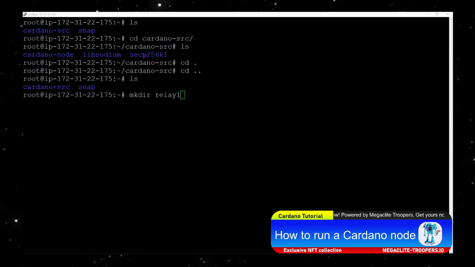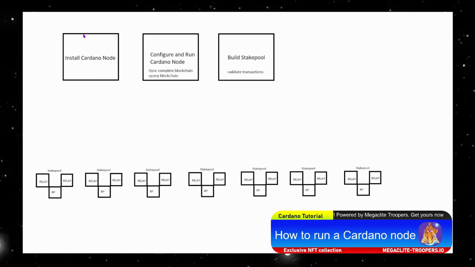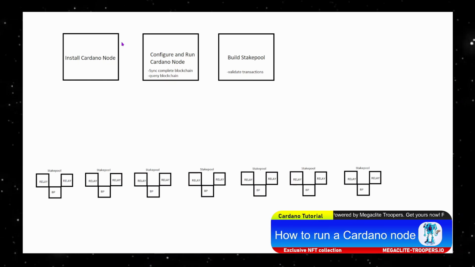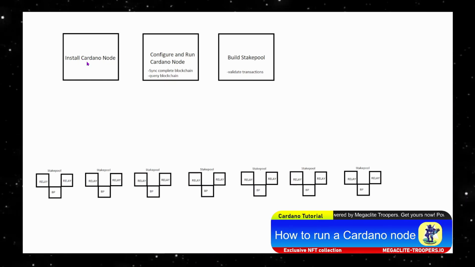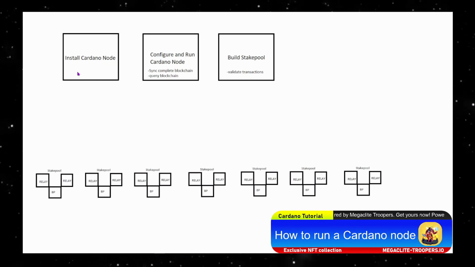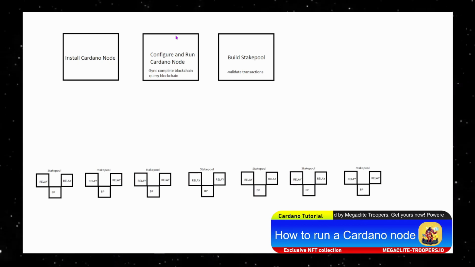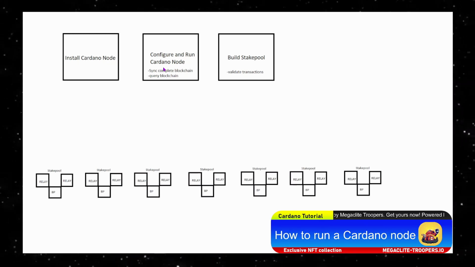And here we have to jump over to this slide here. We have installed a Cardano node, and most of you who are installing a Cardano node, it's because they want to create a stake pool. So in the last video we created this Cardano node. Now in this video we are about to configure and run the Cardano node.